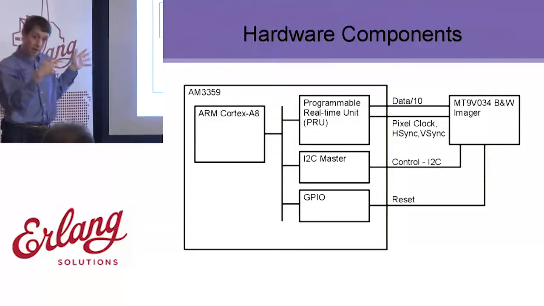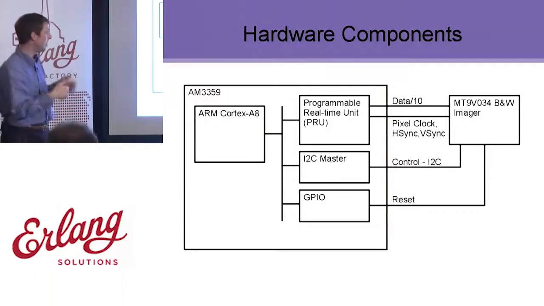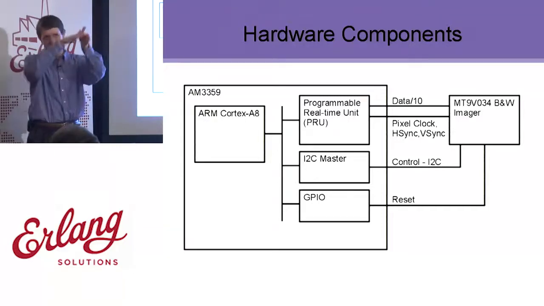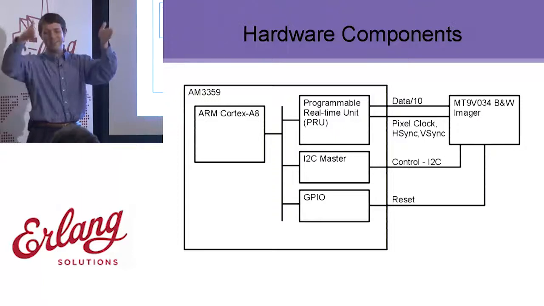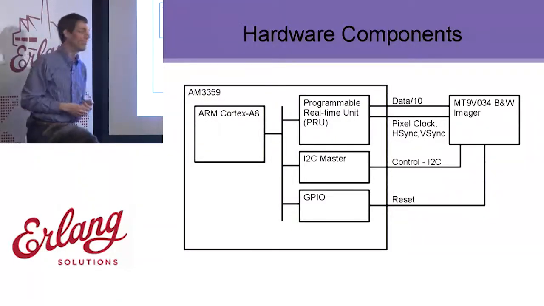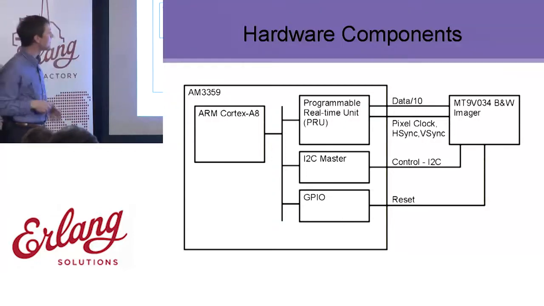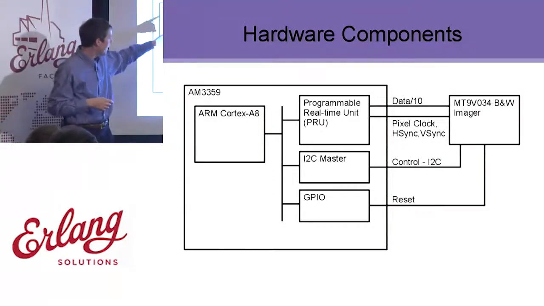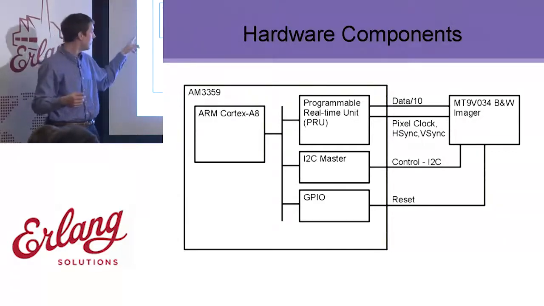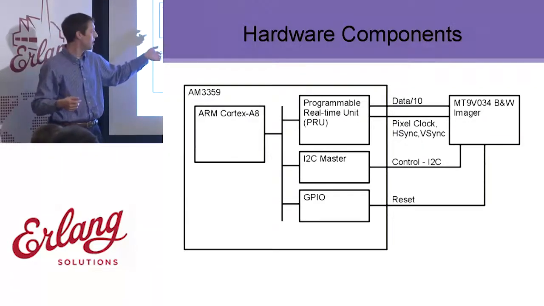There are a couple of other wires to handle the synchronization, and that's the pixel clock, horizontal sync and vsync. Basically, you read off the rectangle, and these wires go high or low at different points when it's reading out all the pixels in this rectangle to send back. Other pieces: I2C master, so I2C is a common bus. The BeagleBone has hardware acceleration for it, so that goes there.